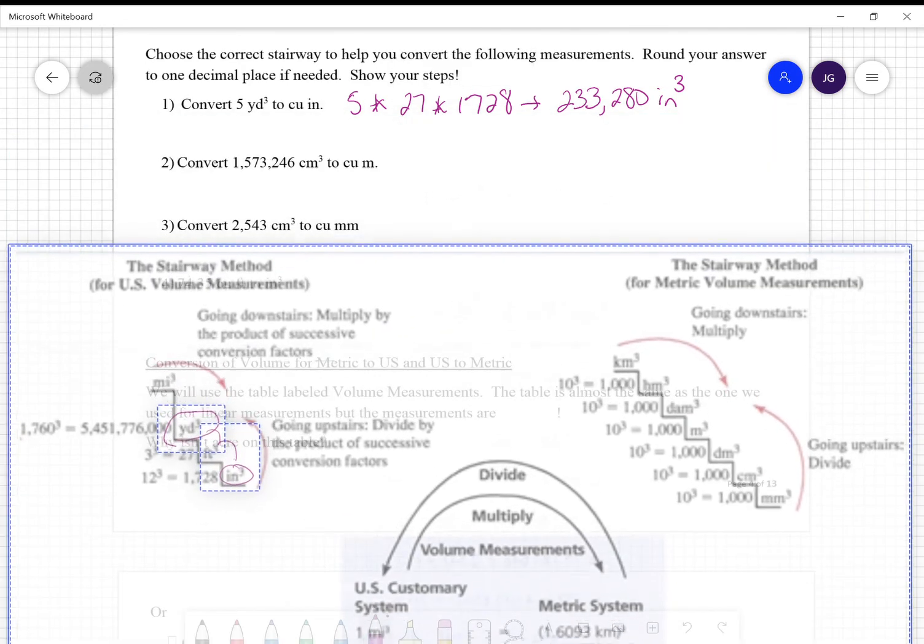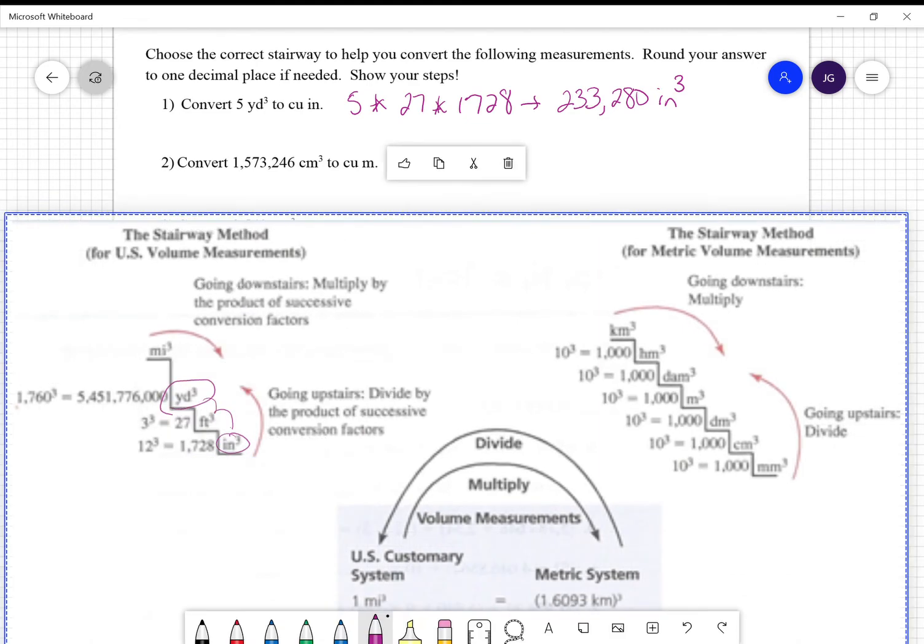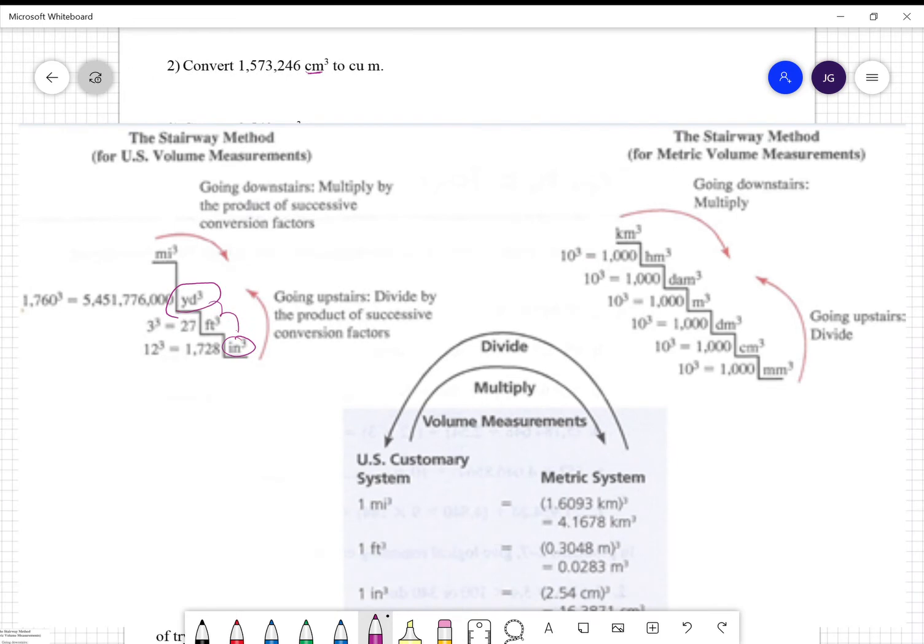Okay, the next one. Convert 1,573,246 cubic centimeters to cubic meters. Centimeters cubed and meters cubed are both metric, so I'm going to use the metric stairs. Cubic centimeters is here. I want to go to cubic meters, which is up 2 steps.